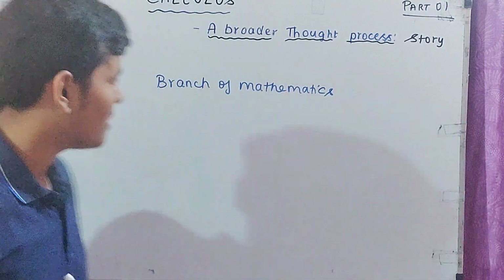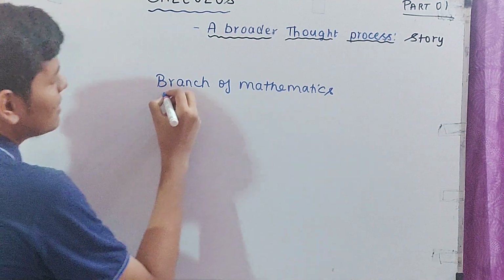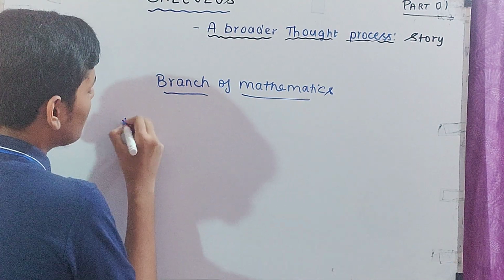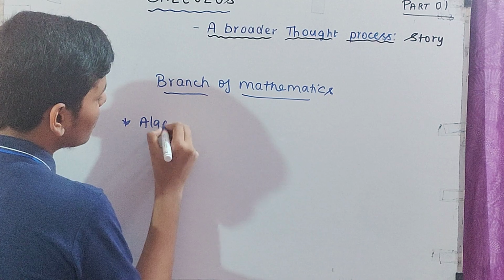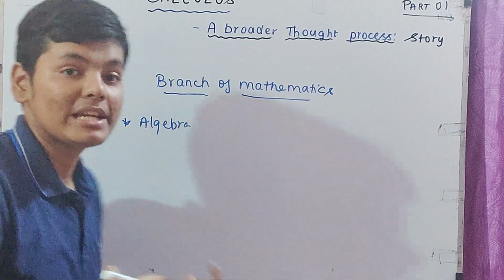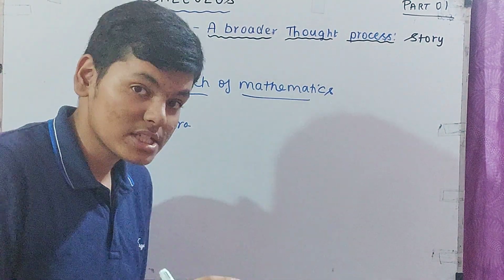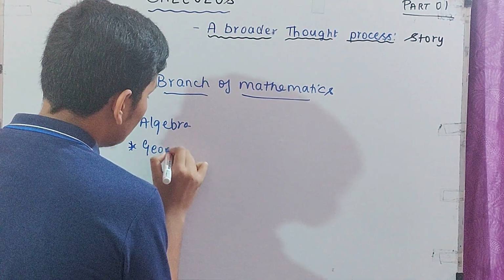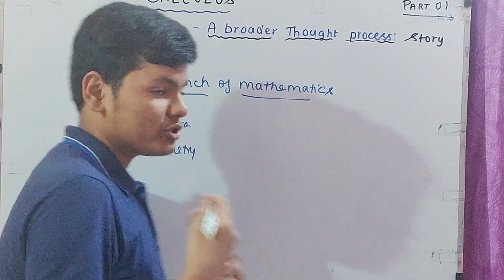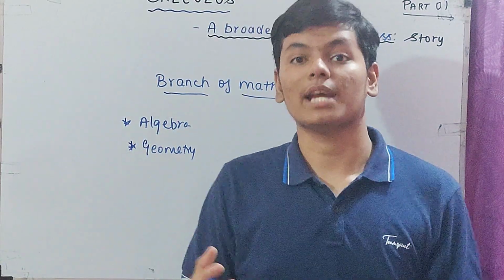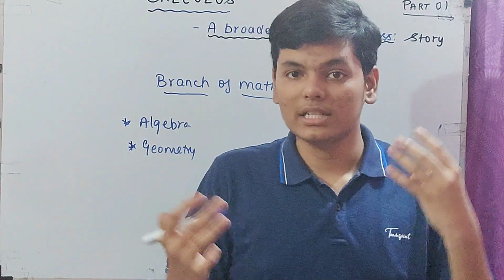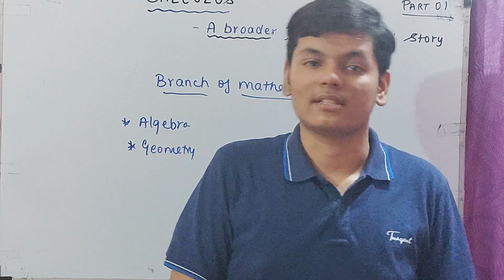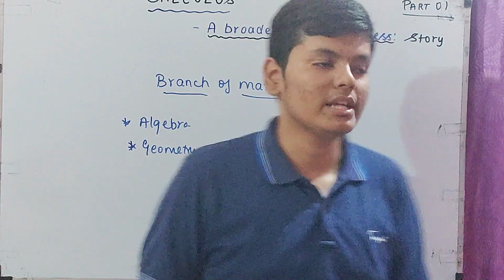Coming to the branches of mathematics, we have many branches such as algebra, where we deal with variables and the relations between the variables. Then we have geometry. Geometry is where we deal with shapes, polygons, quadrilaterals and the different kinds of shapes, 2Ds and 3Ds.